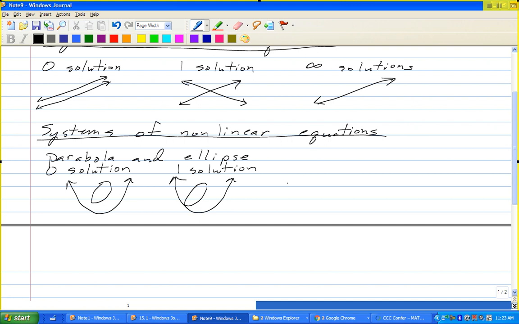But you could also have a parabola and an ellipse intersecting at two places, so two solutions.